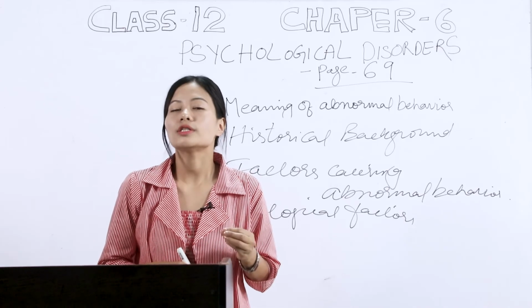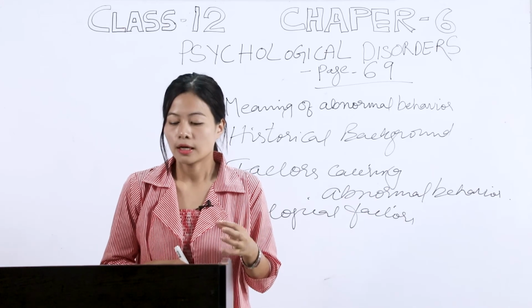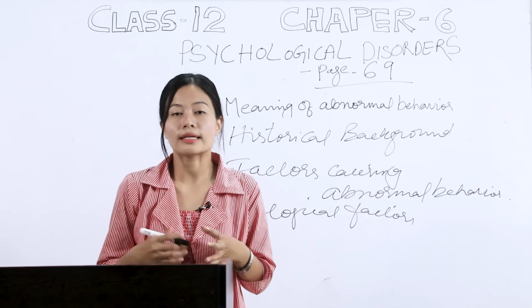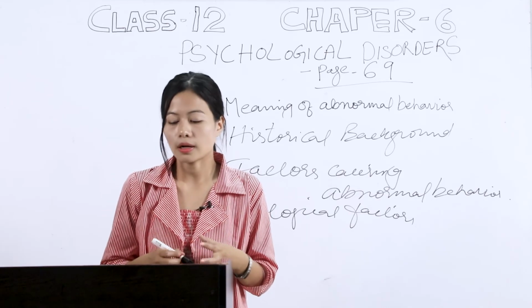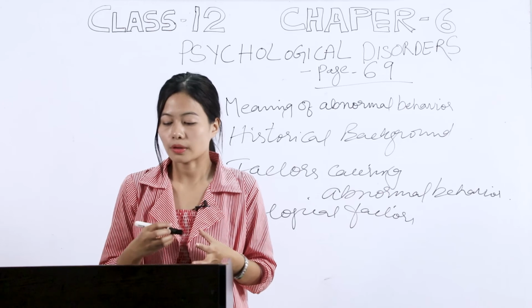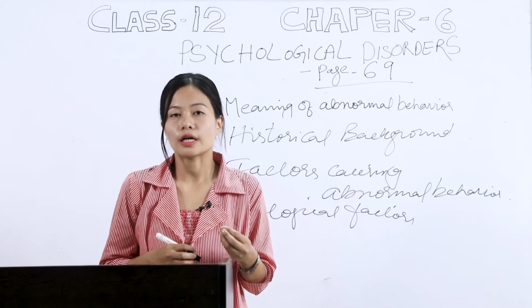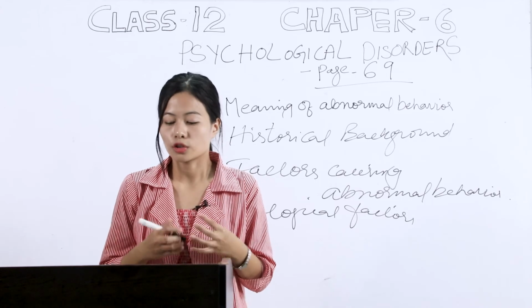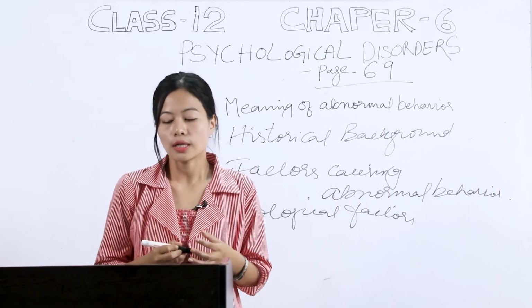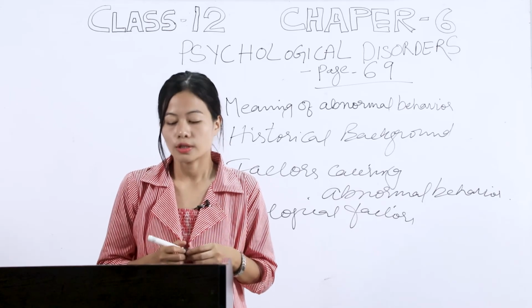Low activity of the neurotransmitter GABA, that is gamma-aminobutyric acid, can be linked to anxiety disorders, schizophrenia to excess activity of dopamine, and depression to low activity of serotonin.